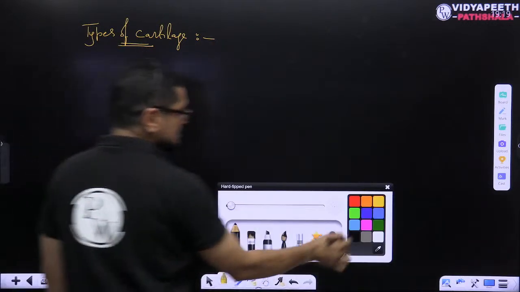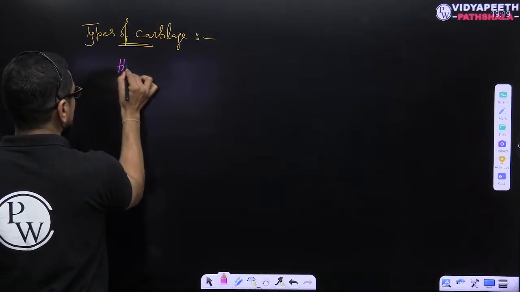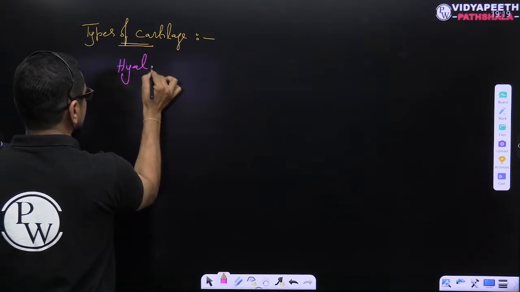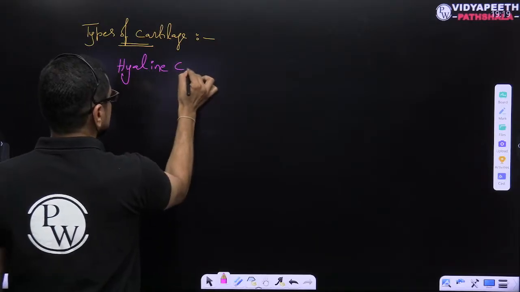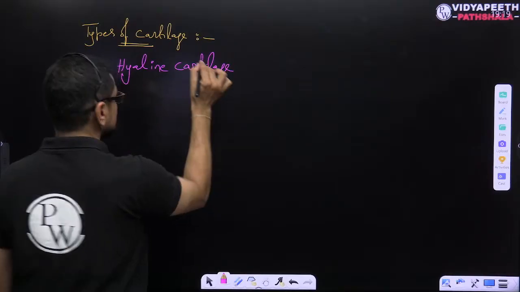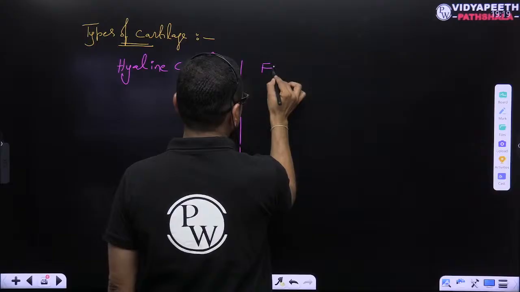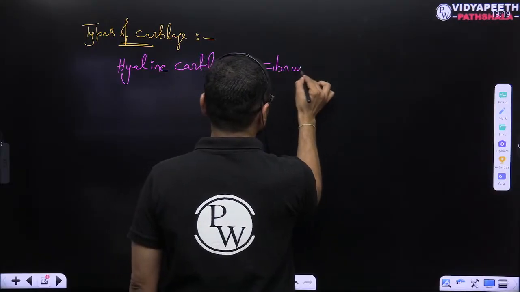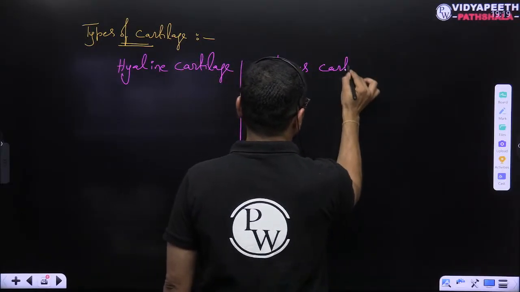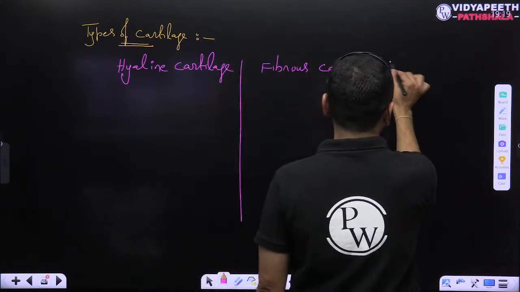Broadly speaking, there are three types of cartilages. Number 1, hyaline cartilage. This is the first type of cartilage. The second type of cartilage is fibrous cartilage. The third type of cartilage is elastic cartilage.